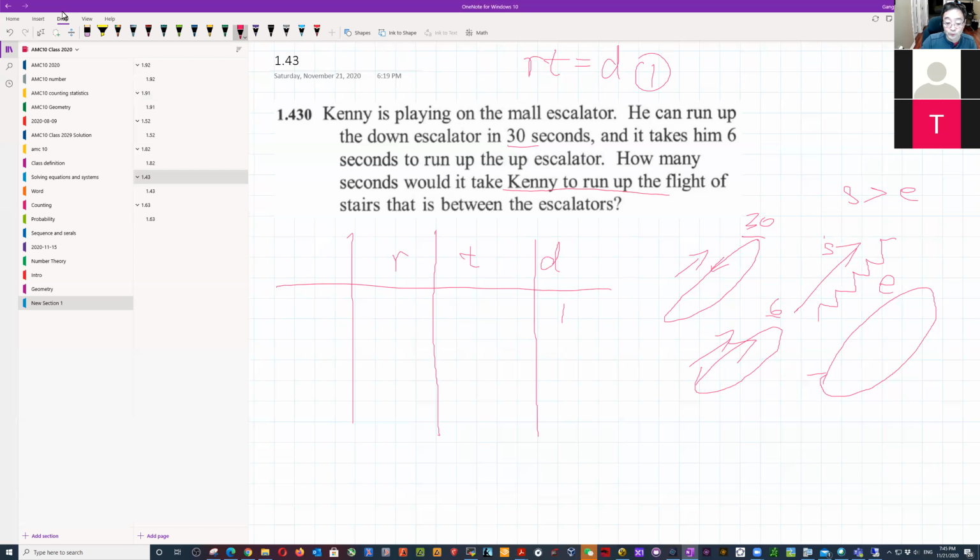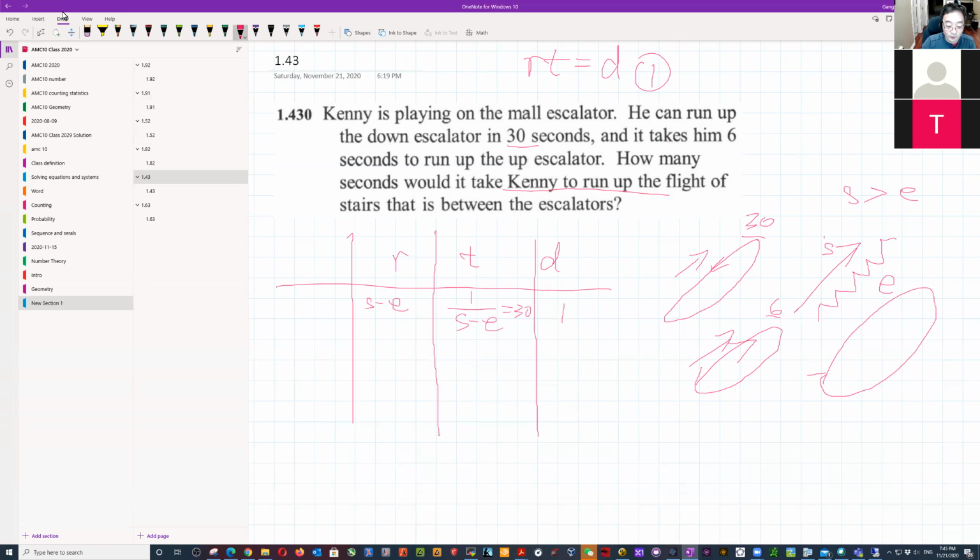Because we assume the speed, this is running up the down escalator. So the rate is the stair speed minus the escalator speed, S minus E. The time used is going to be 1 over S minus E, and this is equal to 30 seconds.